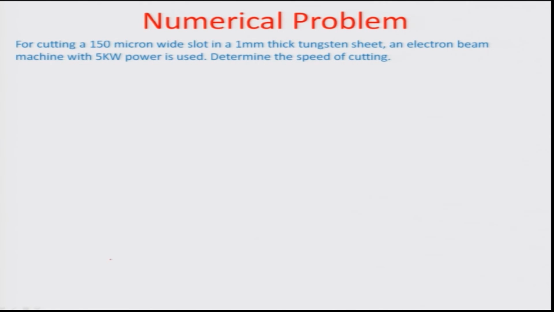So, let us go back to the earlier problem, where from the guesstimate relationship between power and the material removal rate, remember, power was in watts, and this Q value was taken to be millimeter cube per minute, and the C values were all estimated empirically. We had a 150 micron wide slot of 1 mm thick tungsten sheet, and with electron beam machining carried out at 5 kilowatt power, we had a speed estimate of close to 4.6 centimeters per second. Okay. By this guesstimate relationship P equal to CQ.